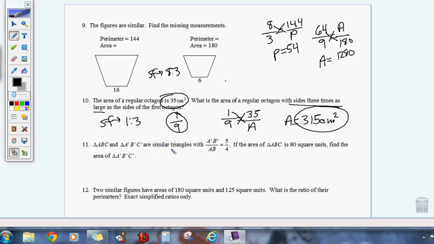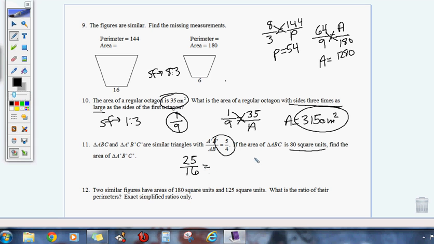Read 11 again a few times. Understand that they're basically giving you a scale factor here, and then they're giving you the area of one triangle. We need to find the area of the other one. So again, I'm not using this scale factor because we're doing the ratio of the areas. So that would be 25 is to 16. You know, prime is to not prime, or I guess image is to pre-image.